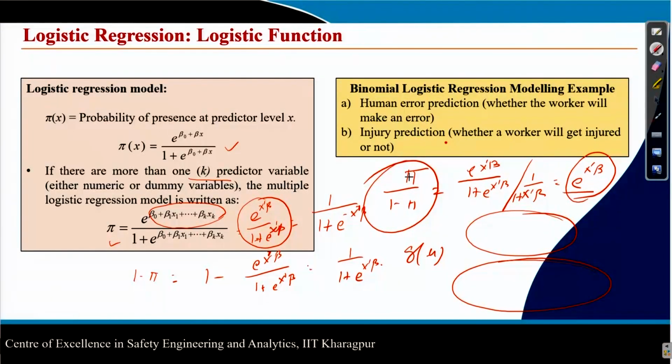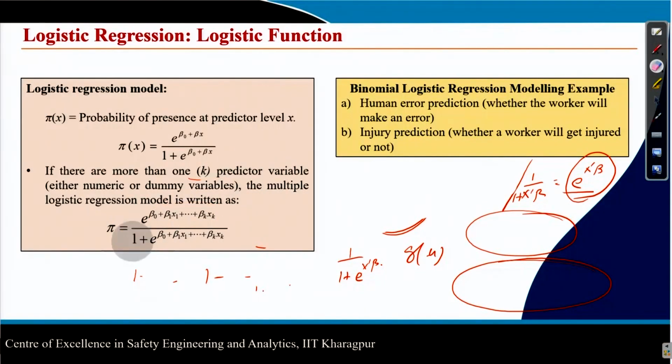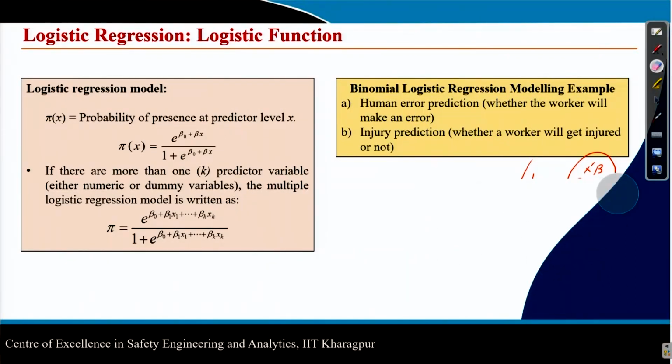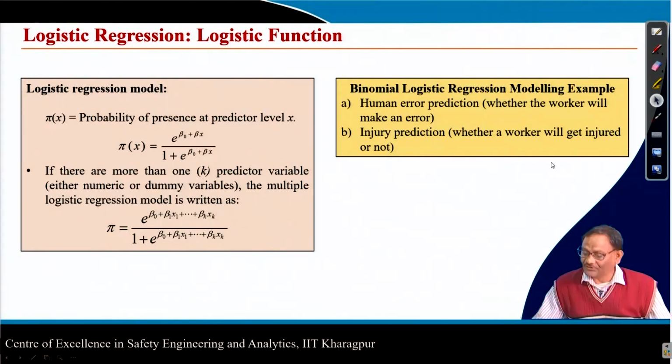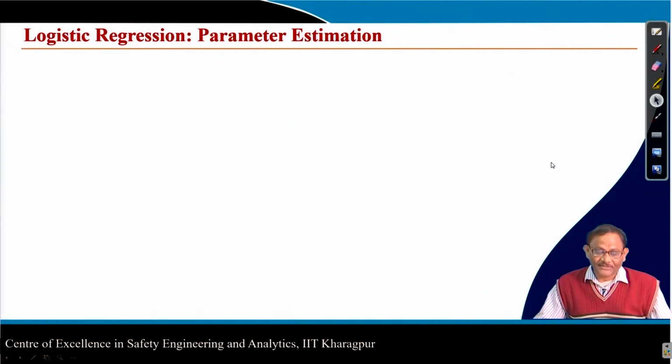If there are two classes, if pi is the probability of presence, then 1 minus pi is the probability of absence. So with reference to absence, what is the presence, this ratio is coming here. So that we will discuss under odds ratio. This pi by 1 minus pi is basically known as odds. Okay, so let us go to the next slide.